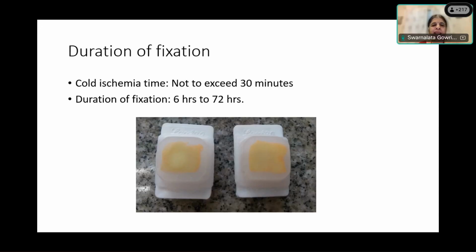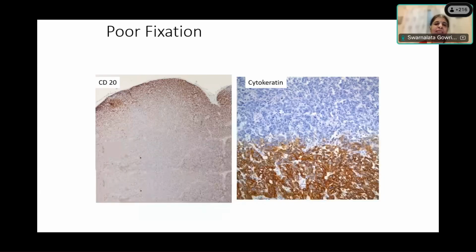Wait till the next morning and then you can start the processing. So 6 hours is the minimum and not very long, because again, prolonged fixation in formalin can bleach the tissue. You will not get good hematoxylin staining. Your immunohistochemistry may not work. So 6 to 72 hours is what is prescribed for fixation.